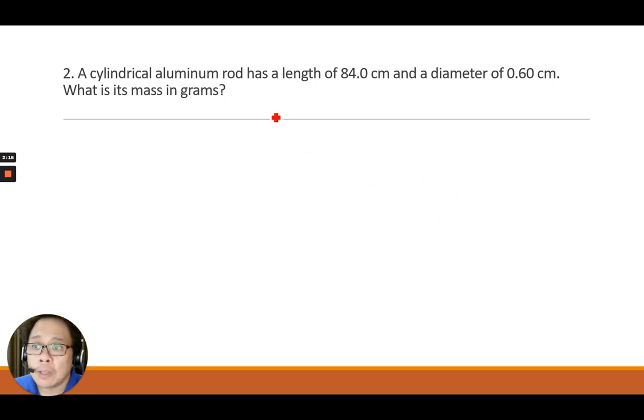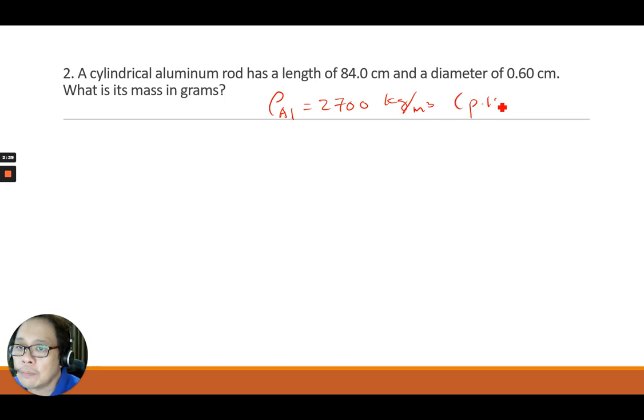To solve this problem, you have to look at the density of aluminum, which can be found on page 145 of your textbook. On page 145 you have the density of aluminum, 2,700 kilograms per cubic meter, in the table of densities.